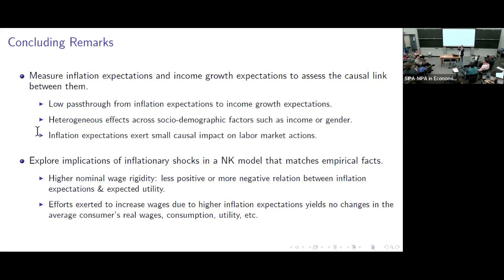There's some exogenous probability that you're going to get separated from the labor market and become unemployed. And in the value function, your expected wage growth will only be 0.2 times inflation. So essentially, you're losing 80% of your real wage growth.